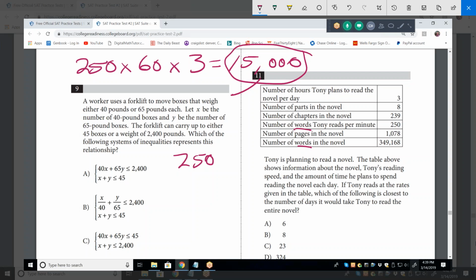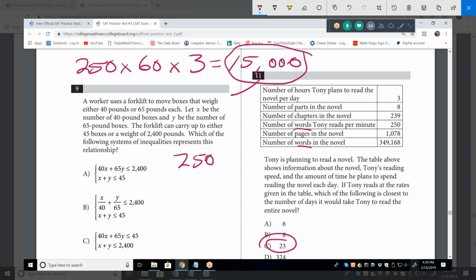Okay, and then I divided the number of words in the novel by the number of words he reads per day. Perfect. By 15,000. And it looks to me like that's probably the answer. Again, you do not need a calculator.